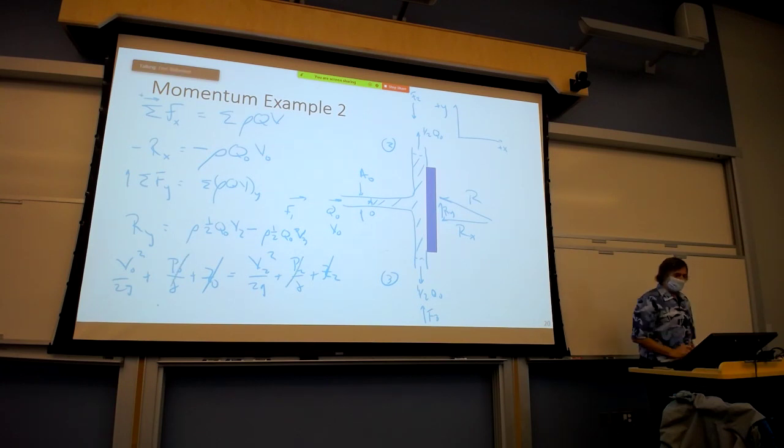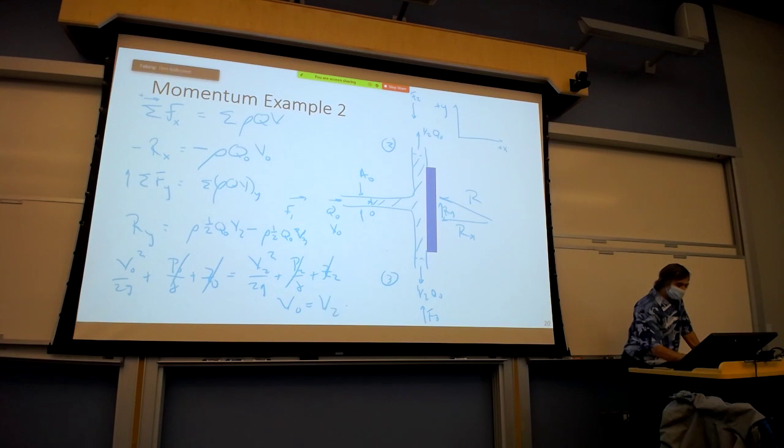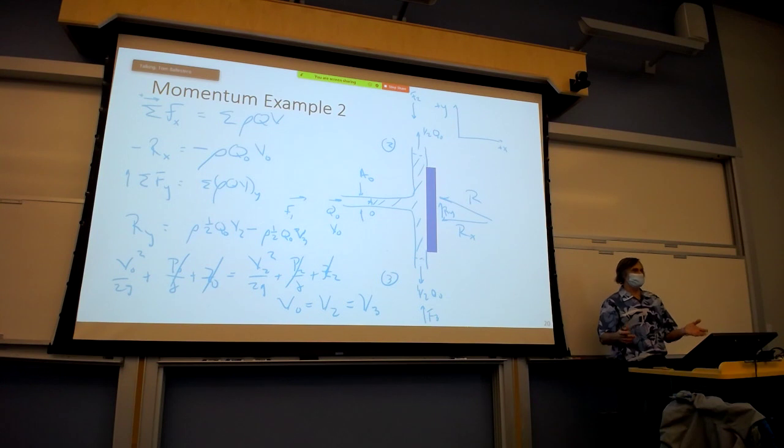P0 and P2 are both free jets. So what does that tell you about V0 and V2? They have to be the same, right? And if you did that in the 3 direction, you'd see that V0 is equal to V2 is equal to V3. Water has to leave the plate as fast as it comes on.